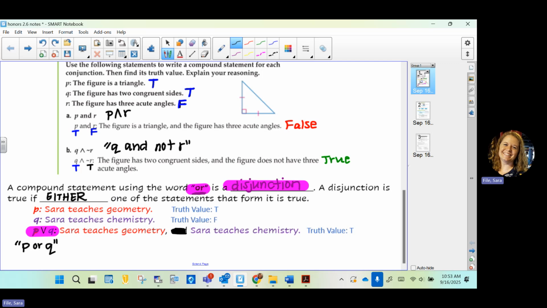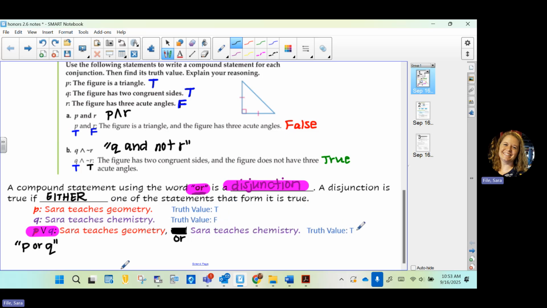This should be or. So make sure you fix this to or so that this is correct. Okay, so the disjunction would be Sarah teaches geometry or Sarah teaches chemistry. That's true because one of those statements is true.